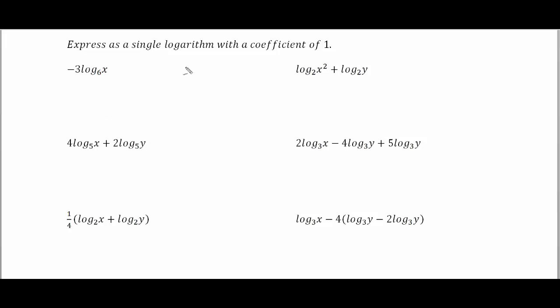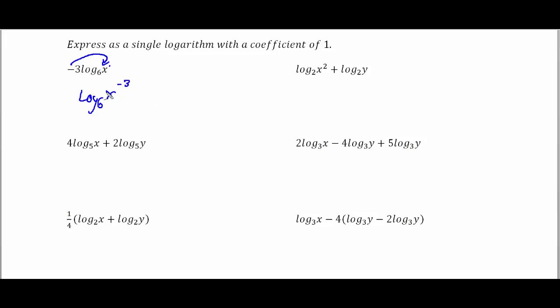So what I have to do is express this as a single logarithm. This one's pretty much already a single logarithm, but I need a coefficient of 1. The coefficient is the number in front of the first log, and it needs to be a 1. So using the power rule of logarithms, I'm going to move that -3 over to the top of that x right there. So it's going to be log base 6 of x, and in the corner, -3.